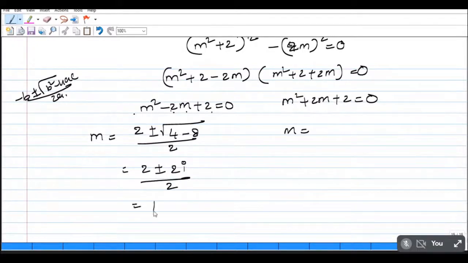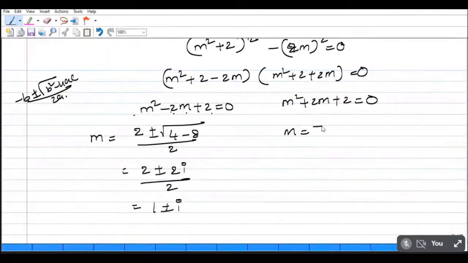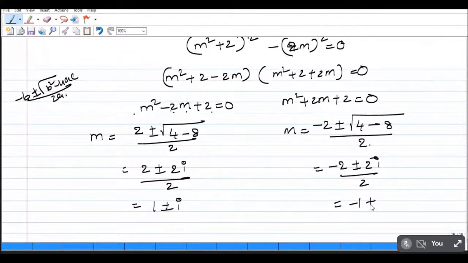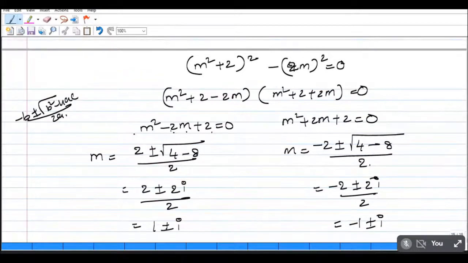You can take 2 common, you will get 1 plus or minus i. Similarly here, minus b plus or minus root b square minus 4ac by 2a, it is minus 2 plus or minus 2i by 2, that is minus 1 plus or minus i. Is it clear, everyone?